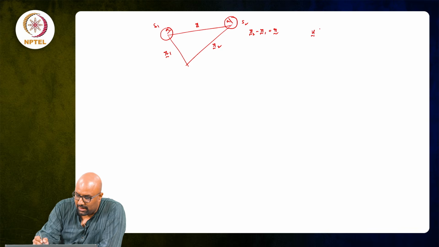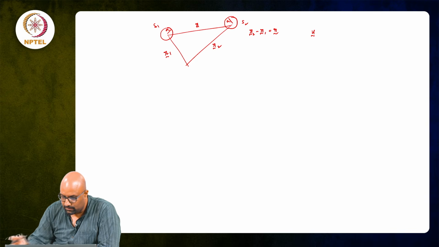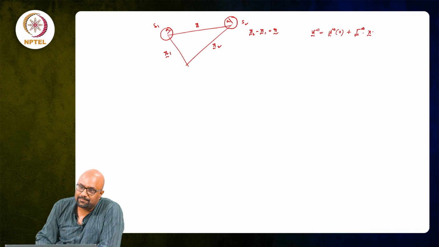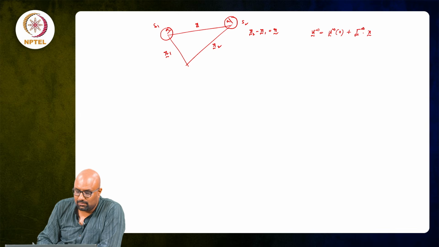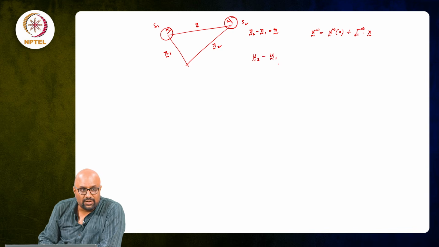This is in a background flow which is u infinity equal to u infinity of 0 plus gamma infinity dot x. So, what is the relative velocity between the two spheres?